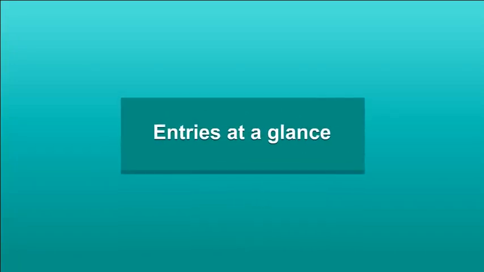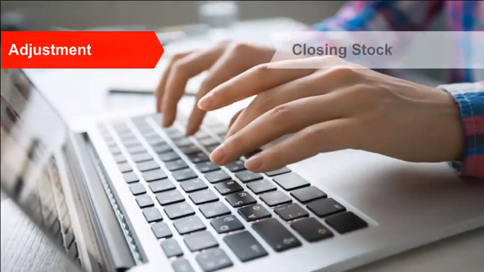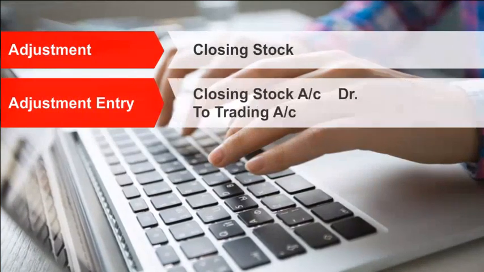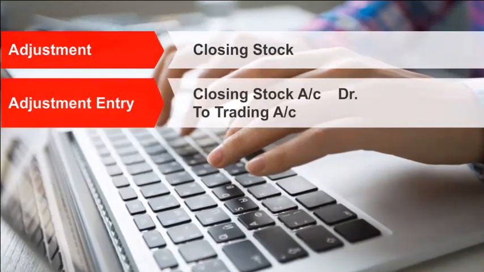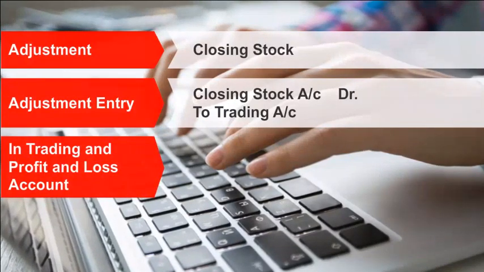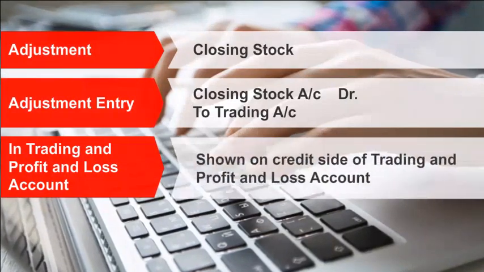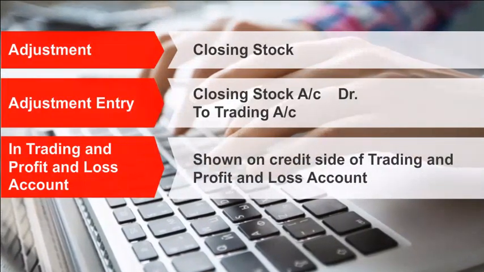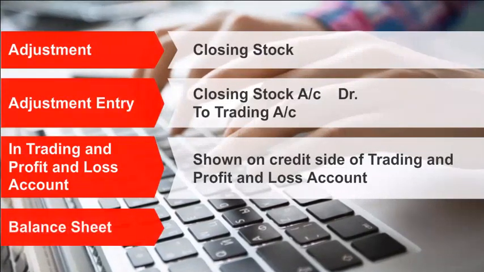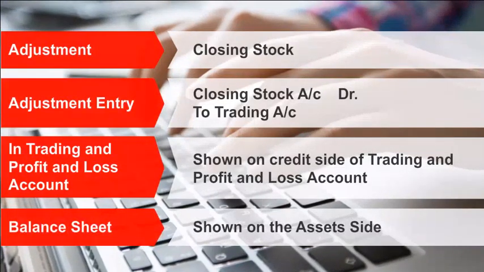Entries at a glance. Adjustment: closing stock. Adjustment entry: closing stock account debited to trading account. In trading and profit and loss account, shown on the credit side of the trading account; in the balance sheet, shown on the asset side.